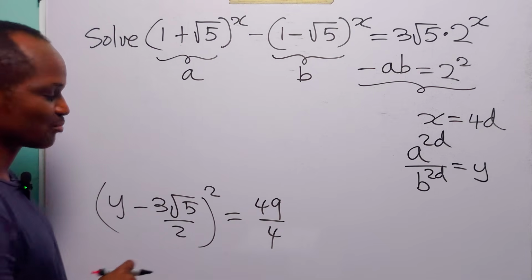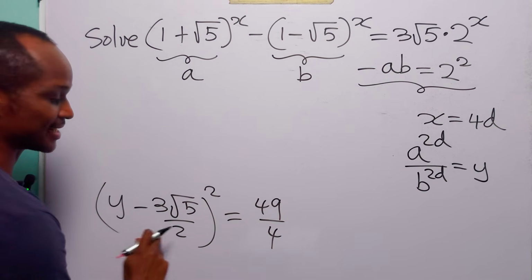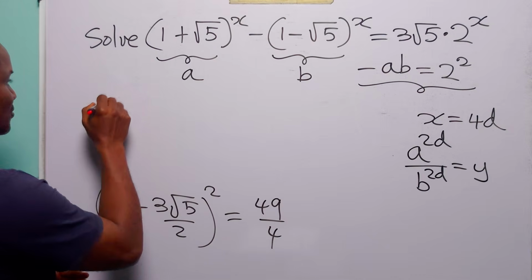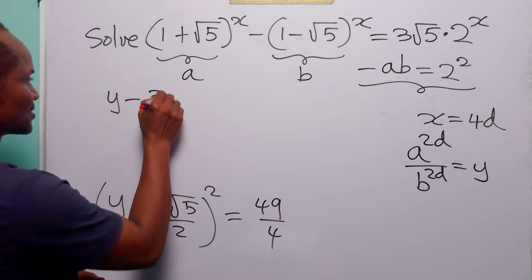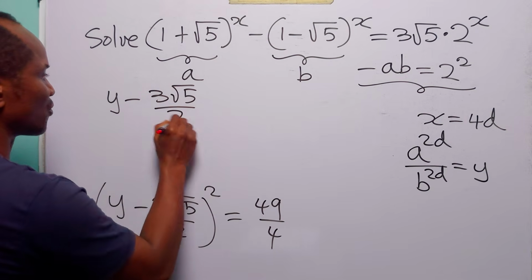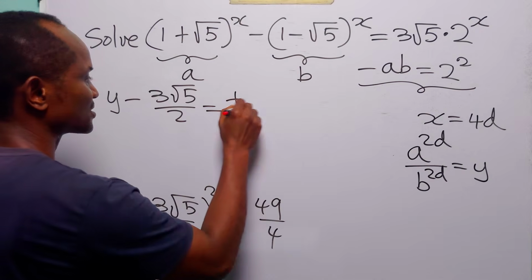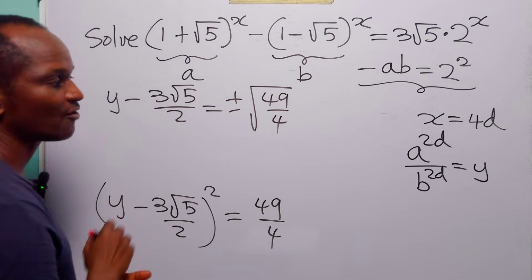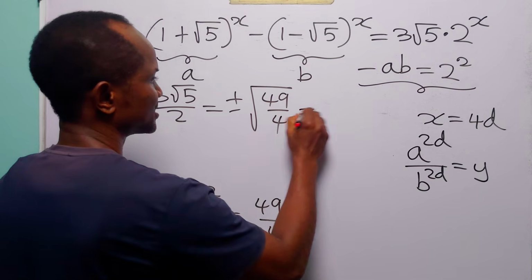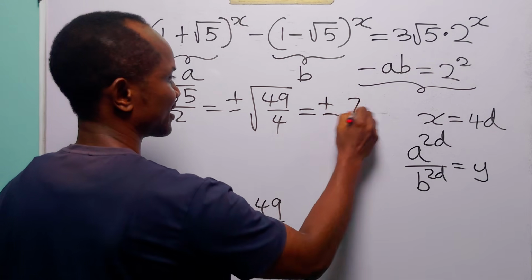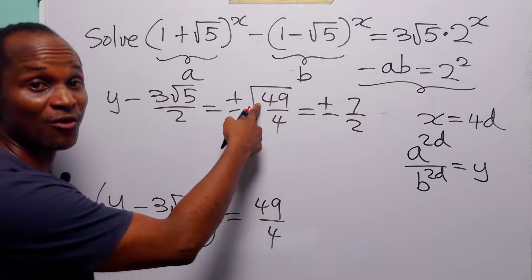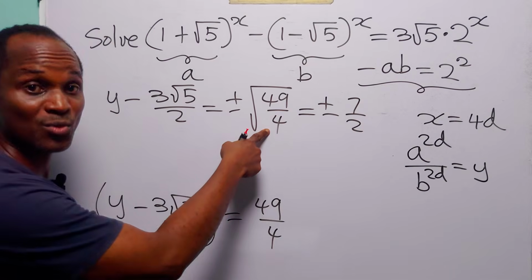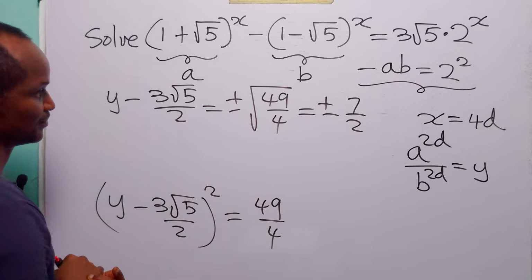And of course, at this point, we take square root of both sides of the equation. When we do that, we have that y minus 3 root 5 over 2 is equal to plus or minus the square root of 49 over 4. Now, of course, this is equal to plus or minus 7 over 2 because the square root of 49 is 7 and the square root of 4 is 2.